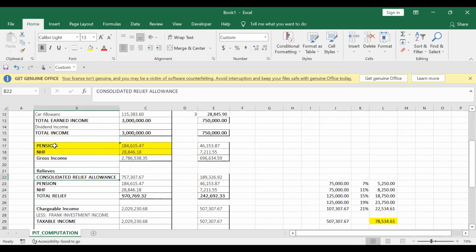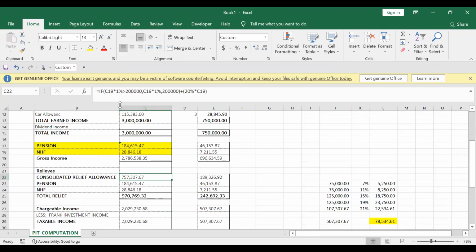Let me give you the thinking of the new act. The thinking is that if this CRA is calculated on the total income, pension is already included, NHF is already included. So if we are calculating components, just look at it. What we have now is 557.